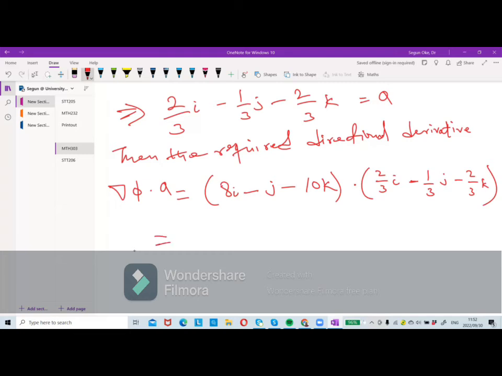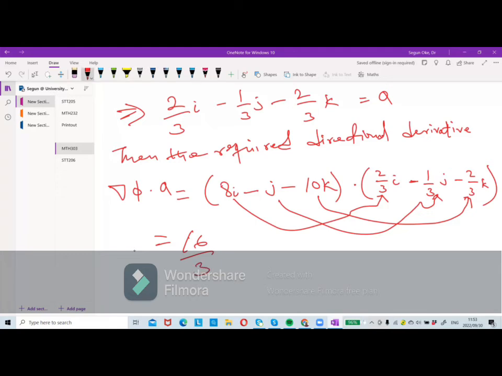So let i go to i, j go to j, k go to k. So i to i, this to this, then this to this, then this to this. You are going to have 16 over 3.